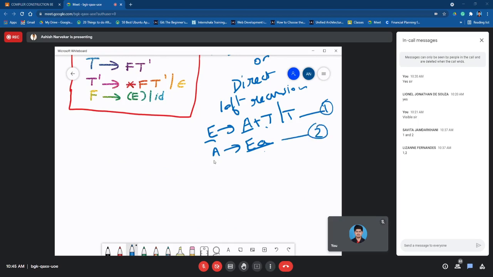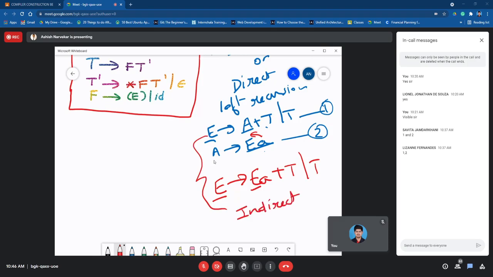If we had to substitute this over here, then what you would have got is E derives EA plus T or T. So we can see that it eventually leads to some form of left recursion. So such cases are called indirect left recursion. Okay, so we'll see some example of this also later.